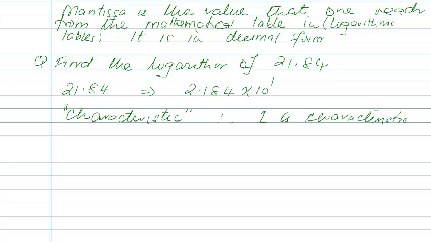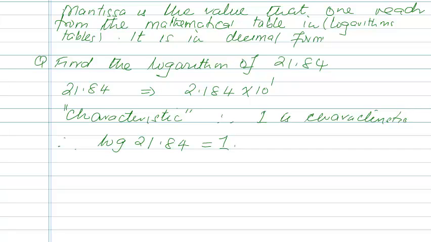And therefore we can say the log of 21.84 is a combination of the characteristic, and therefore we write it as 1.1.